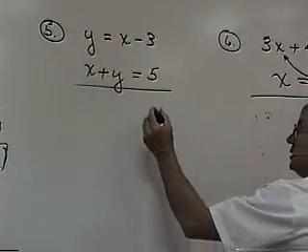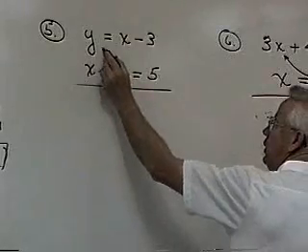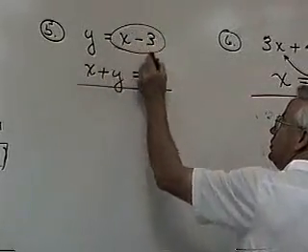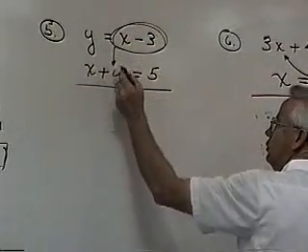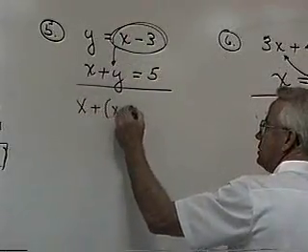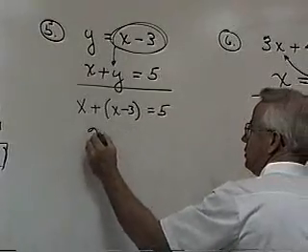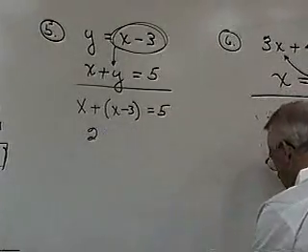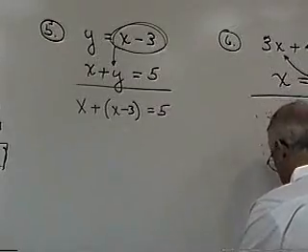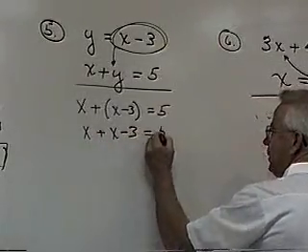All right, so looking at example 5 again, we have x plus y equals 5, but up here we have y equals. So what we'll do is go put that where the y is. So we have x plus x minus 3 equals 5, removing parentheses. Now let me take 2 steps in doing this. Removing parentheses will be x plus x minus 3 is equal to 5.